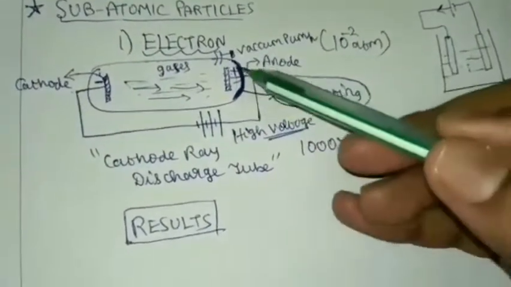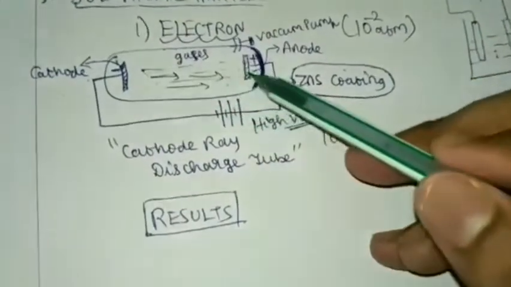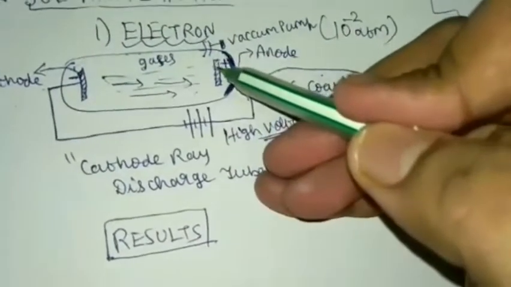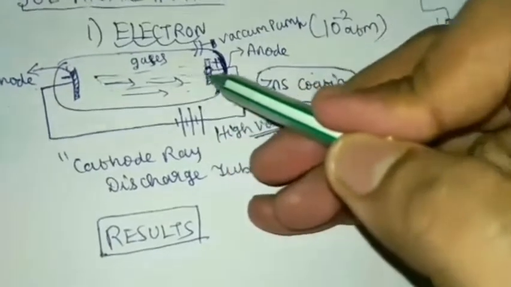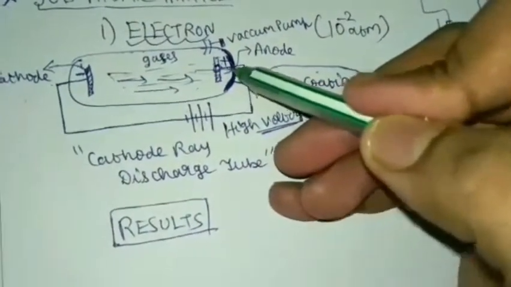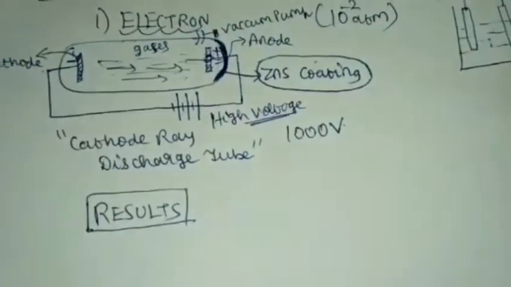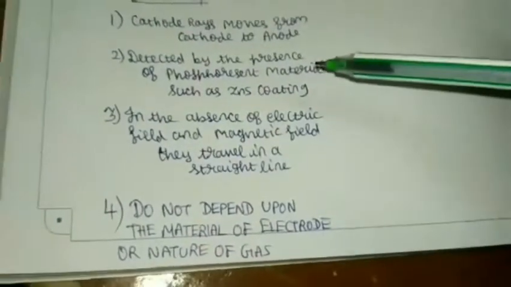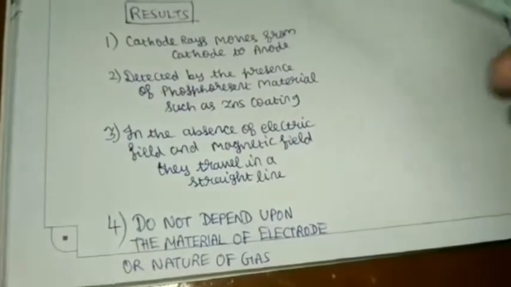When you put a hole in the anode part, the rays go through that hole. So if you put a hole over here, it goes through the hole and strikes, so that bright phosphorescence comes. So these are a few results regarding the experiment.